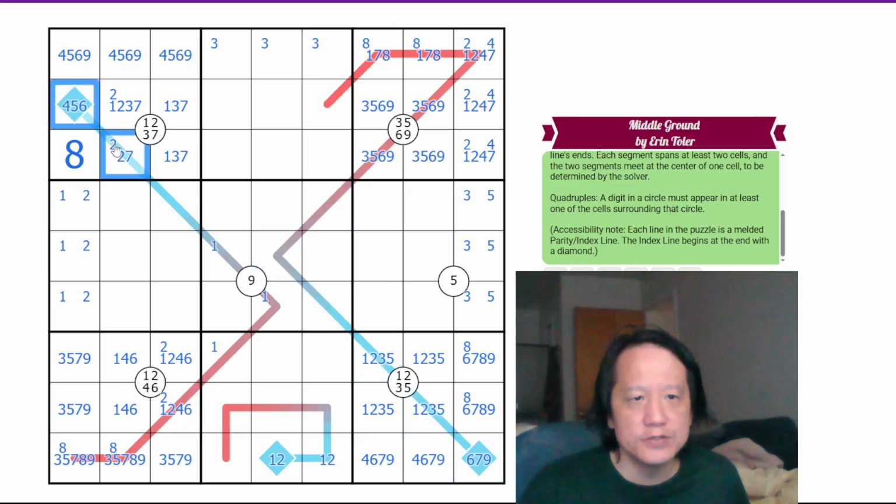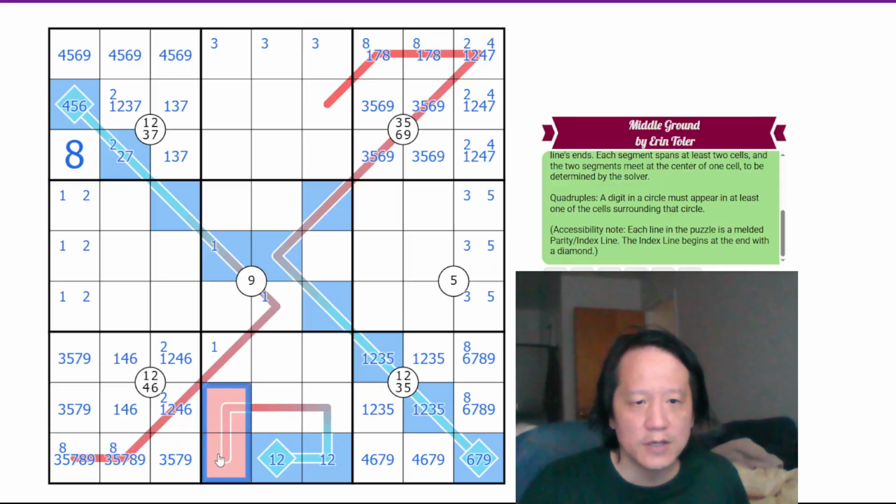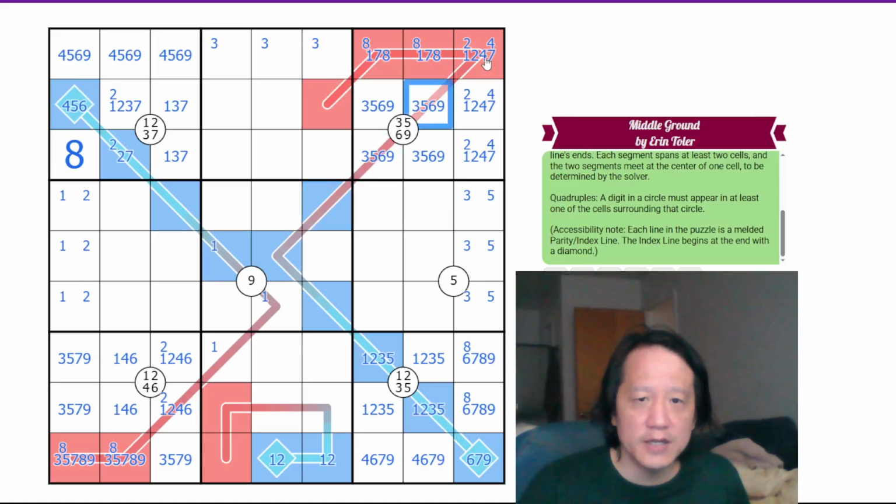We know these 4 have to be index. We know these 6 have to be index. We know these 2 have to be index. We know these 2 have to be parity. We know obviously those 2 are parity, and these 4 have to be parity because we have 6, 7, up to 8 and 9.